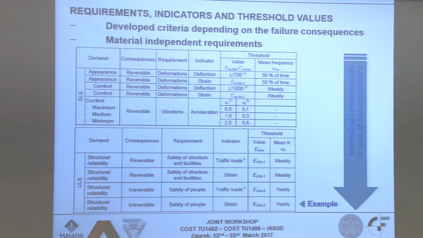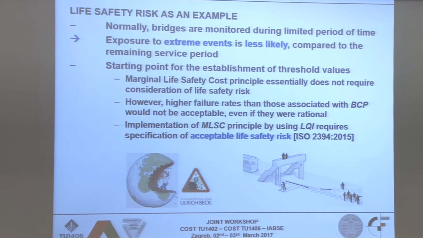And here we have the threshold values, which normally we have to calculate, as I said, by using normal structural analysis methods, and finally the mean frequency of allowed outcrossing. Let's have a look now at this one here, at the threshold values associated with reliability aspects.